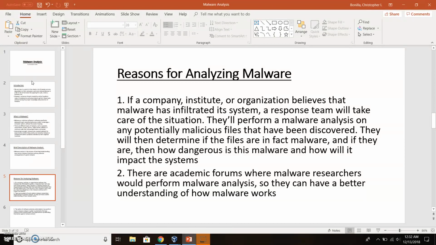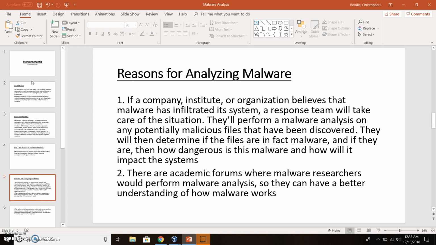One of those reasons is that if a company, institution, or organization believes that malware has infiltrated its system, a response team will take care of the situation. They'll perform a malware analysis on any potentially malicious files that have been discovered. They will then determine if the files are in fact malware, and if they are, then how dangerous is that malware, and how will it impact the systems.